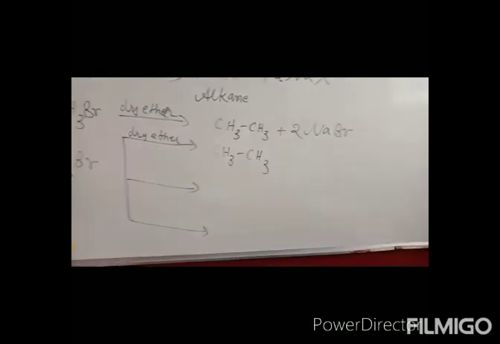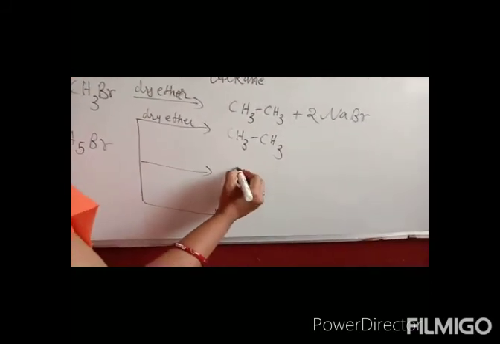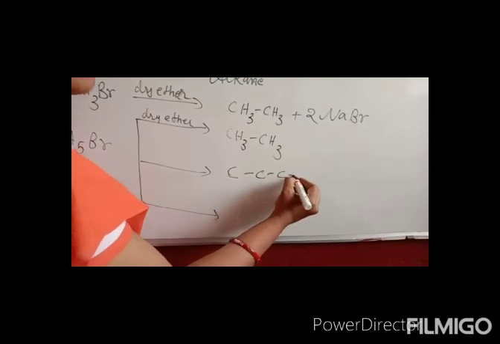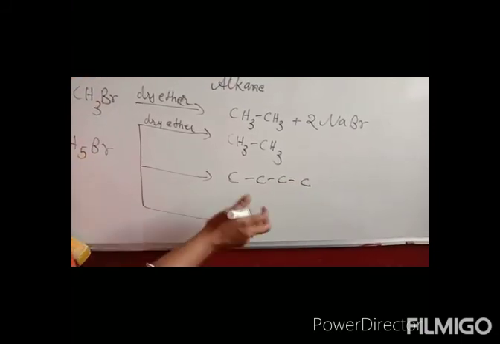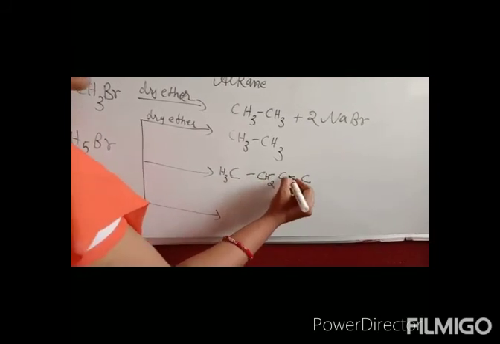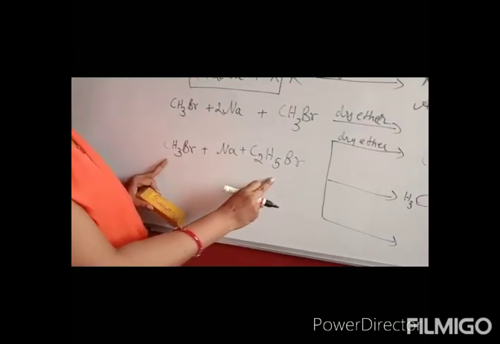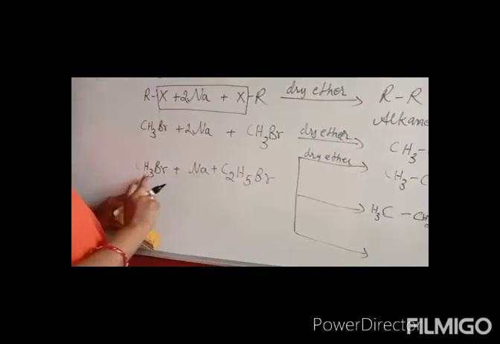So I have my C2H5 combining with C2H5. So C2H5 twice means I have 4 carbons, and the rest of the valencies will be completed with hydrogen. And in the last option, these two different groups will combine together.